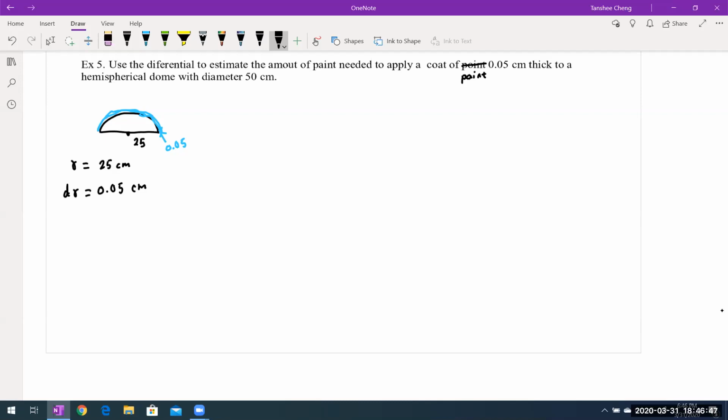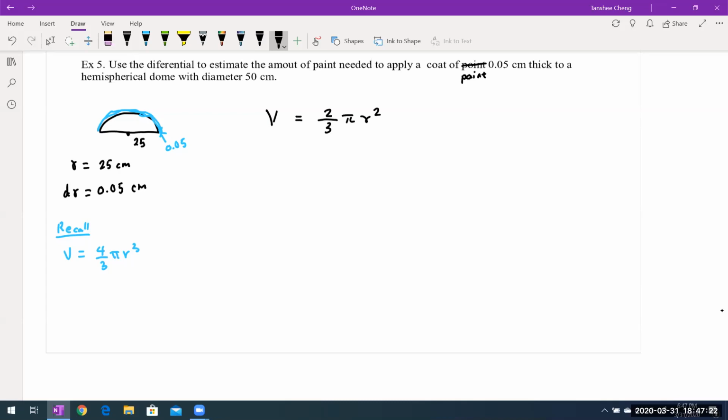So now the question is, do we remember the volume of a sphere? Here's the recall. The volume of a sphere is 4/3 pi r to the third power. Since we are talking about a hemisphere, our volume is only half of this, so the volume is equal to 2/3 pi r cubed.